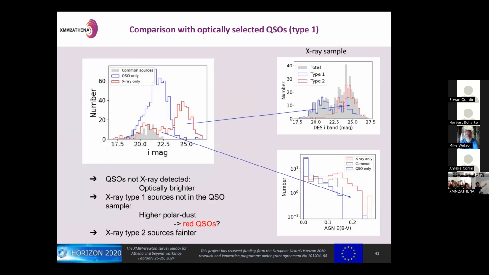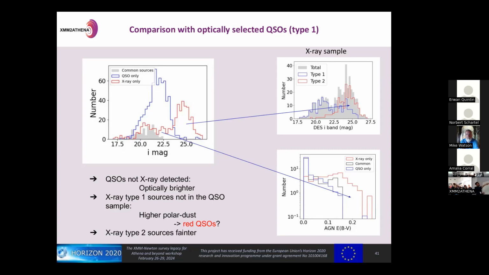On the left plot, we can see the magnitude distribution, the I band, for the QSO sample in blue. The common sources are the shaded gray ones at the very bright end, and the red distribution is the X-ray sources.